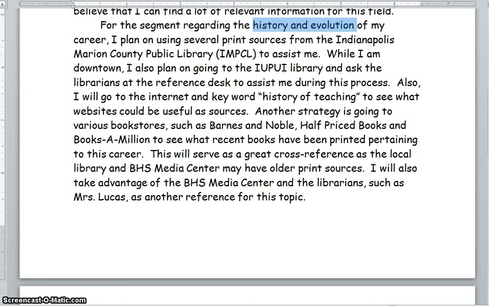So use specifics in this. Don't assume we know what you're talking about. If you're going to the media center, that's a different location than if you're going to Barnes & Noble, or if you're going to Half Price Books, or if you're going to an IUPUI library and their data source. So be specific. If you know specific names, such as the librarian Mrs. Lucas, then mention her by name.